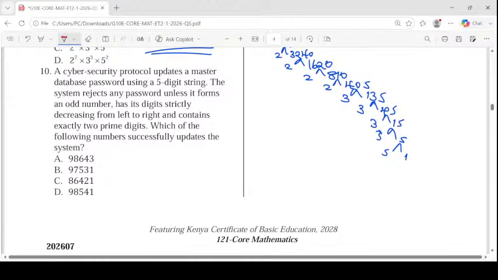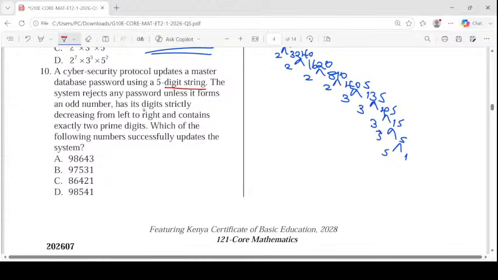We are being told that a cybersecurity protocol updates a master database using a 5-digit string. The system rejects any password unless it forms an odd number. First, it must form an odd number. When you look at the choices, all these are odd numbers.